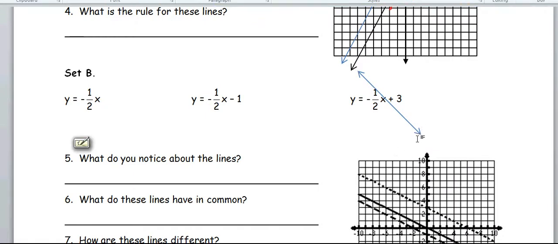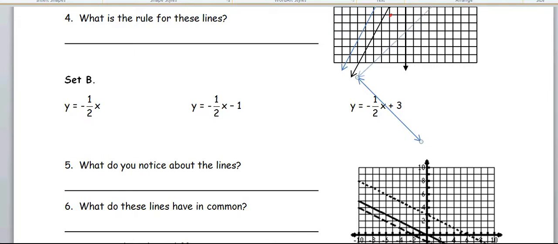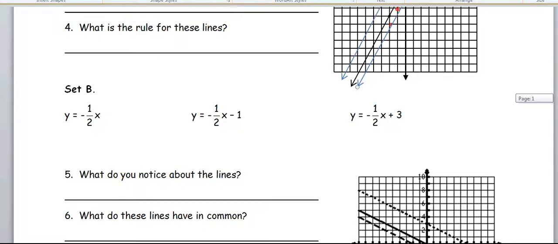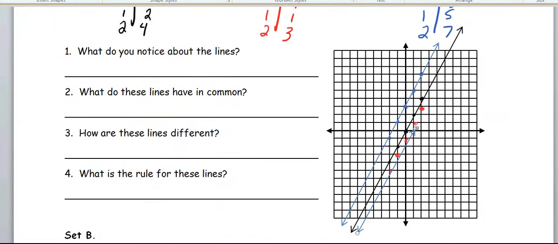Oh, goodness, it was so far off. Let's see. I need to fix that. Okay. Now let's make this line red so that we can keep them separate.